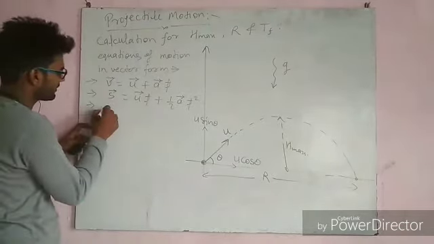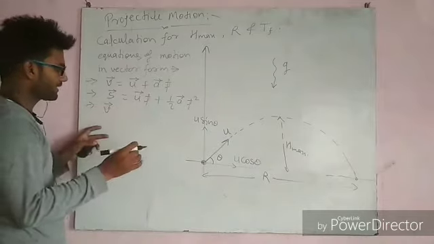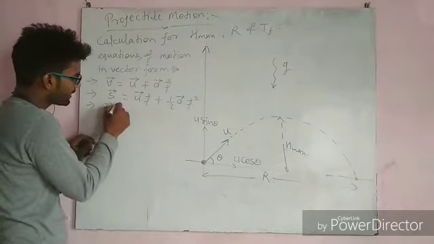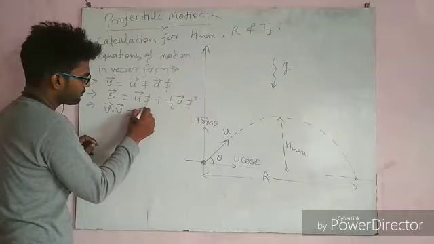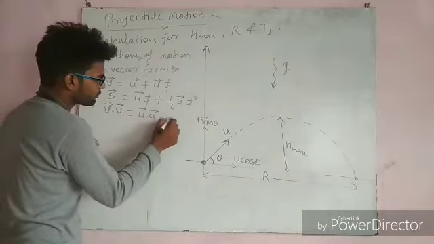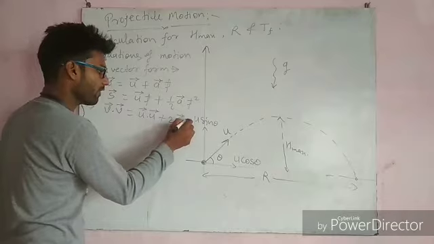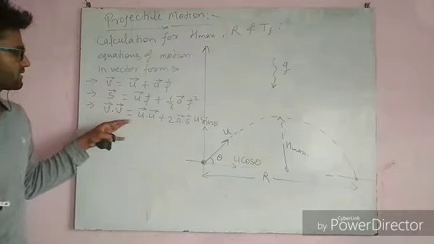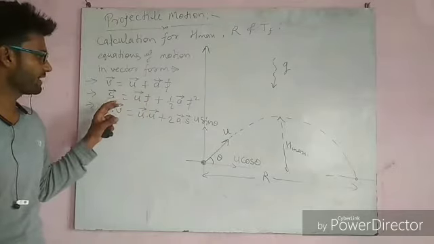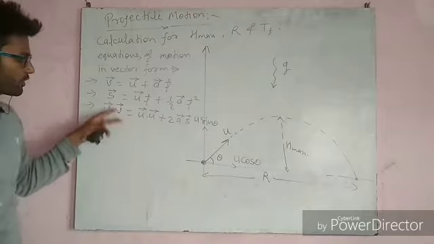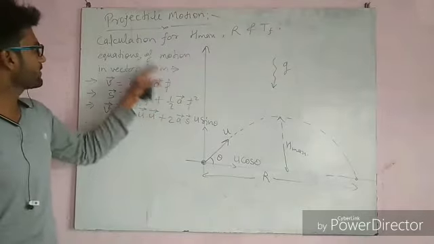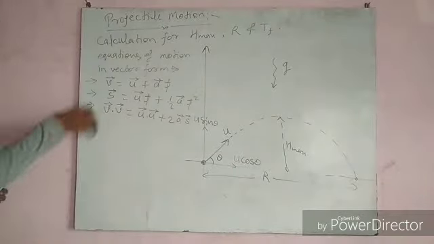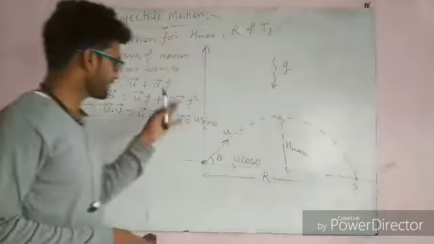And the third equation of motion, in scalar form v square equal to u square plus 2as, but in vector form vector v dot vector v equal to vector u dot vector u plus 2 vector a dot vector s, right? So these are the three equations of motion in vector form. We are going to use these equations in the calculation of Hmax, R and TF. Let us see how we do these calculations.